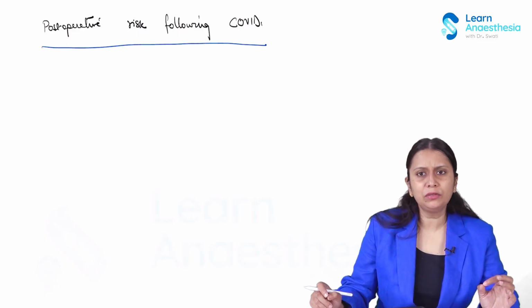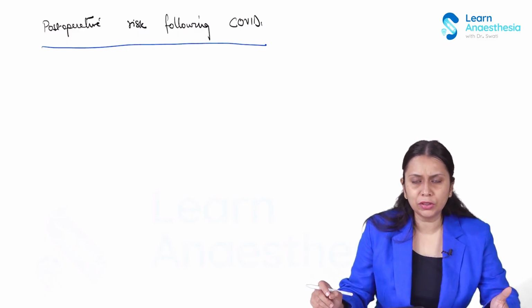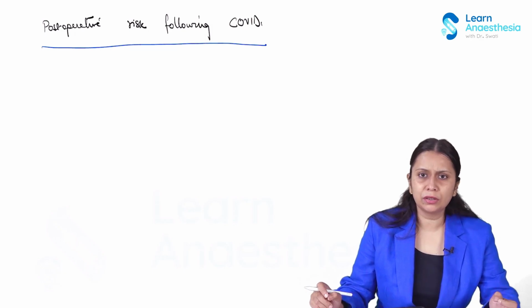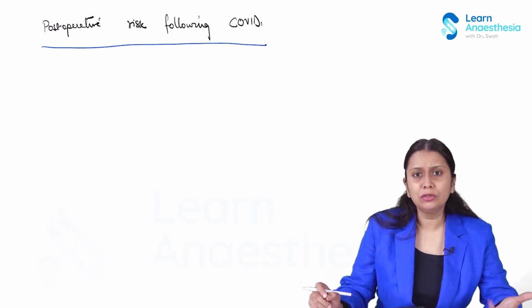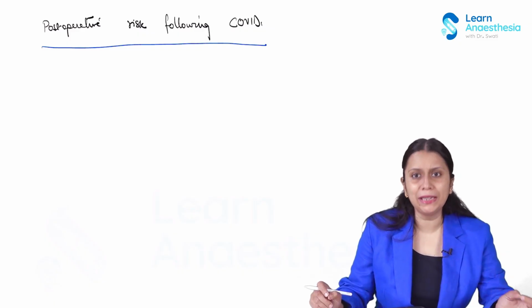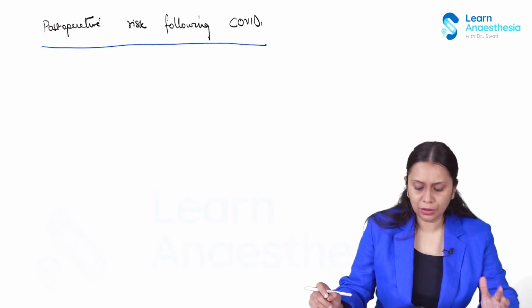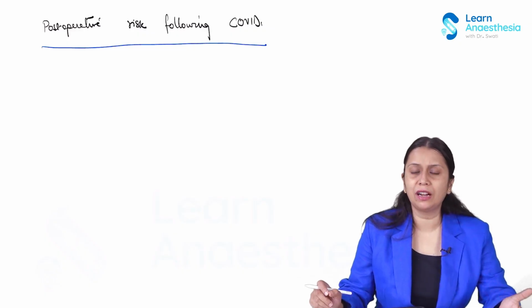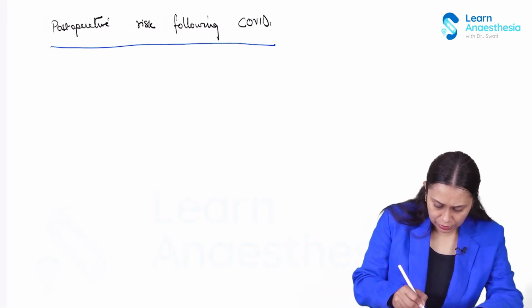But with recent vaccination and proper management of COVID, in a low risk patient, the risk has marginally reduced. So there is no increased risk in a patient with a mild COVID infection. But in a patient with moderate to severe COVID infection, the risk is there up to 12 weeks after infection.